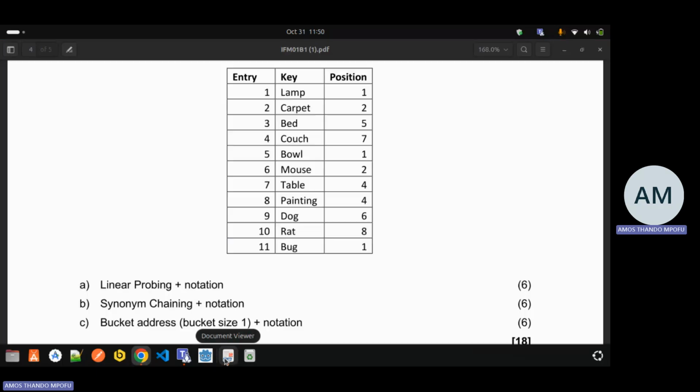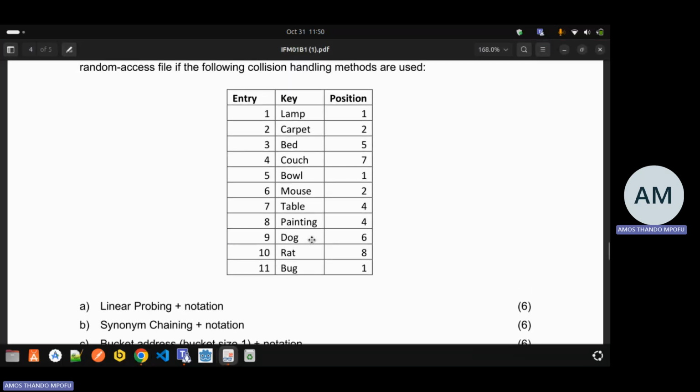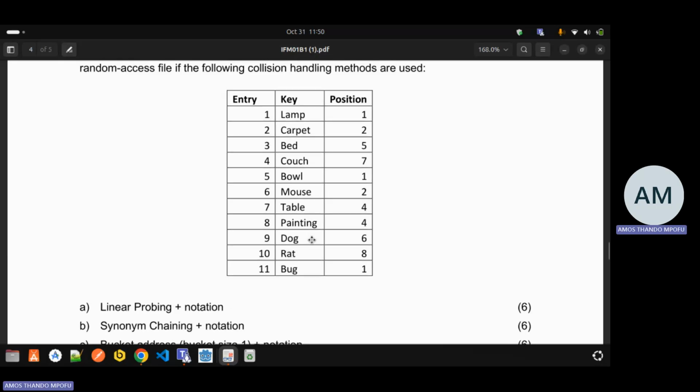Some people might be concerned, why are we doing collision handling? Remember when we were doing random access files? Remember we hashed the student IDs, right? The problem is that that formula is a very simple formula using the prime number division, the remainder division algorithm. It's a very simple algorithm.